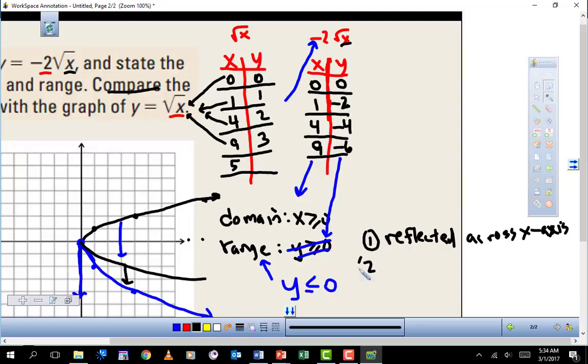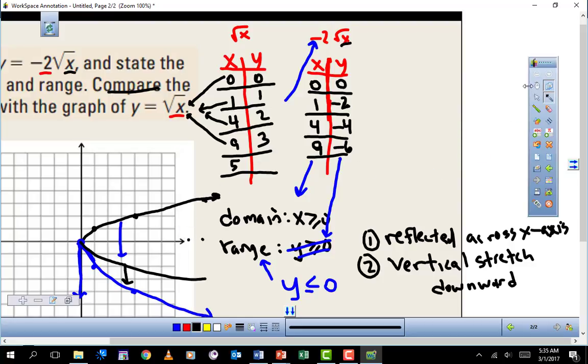And number 2, there's a vertical stretch. And we could say in the direction, we could say like downward. Okay, so that's what's meant by domain and range. It's also what's meant by comparing the graphs. And so you'll put both graphs on a single plot, and that's all there is to these problems.